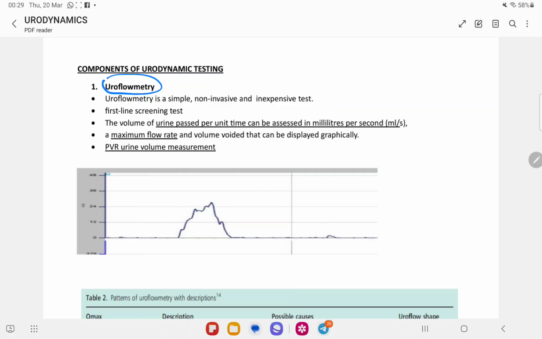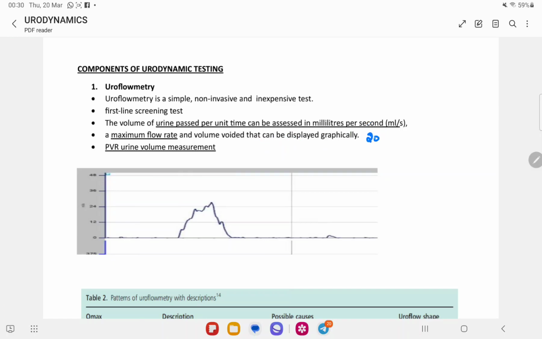It will tell you three things: how much urine is passed per unit time, in ml per second, what the maximum flow rate was, and what the post-void residual volume was after micturition.